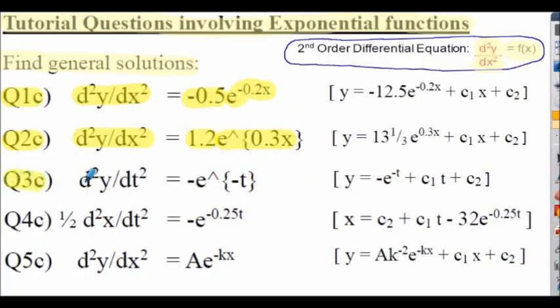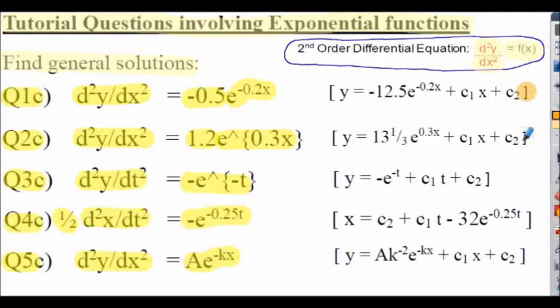Question 3c, d2y by dt squared is equal to negative e to the power of -t. Question 4c, a half multiplied by d2x by dt squared is equal to negative e to the -0.25t. And question 5c, d2y divided by dx squared is equal to ae to the -kx.